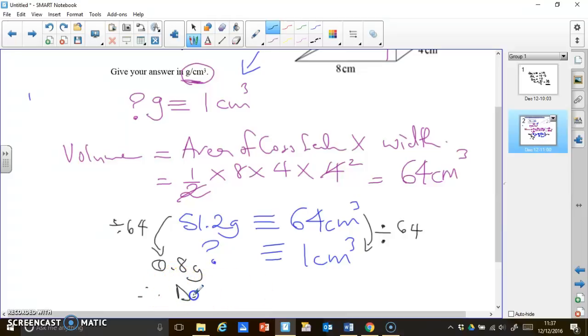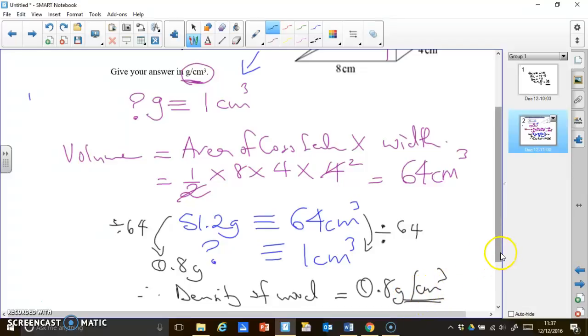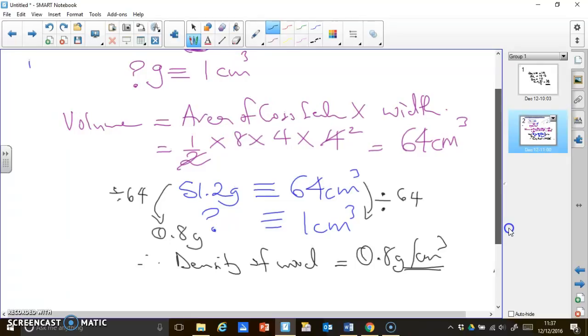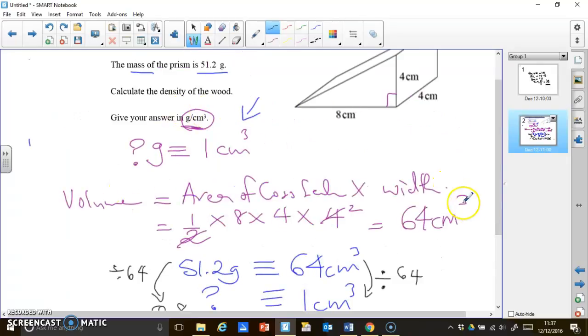Therefore, the density that we're interested in will be 0.8 grams per cm cube, per 1 cm cube. I hope that makes sense and you understand that.